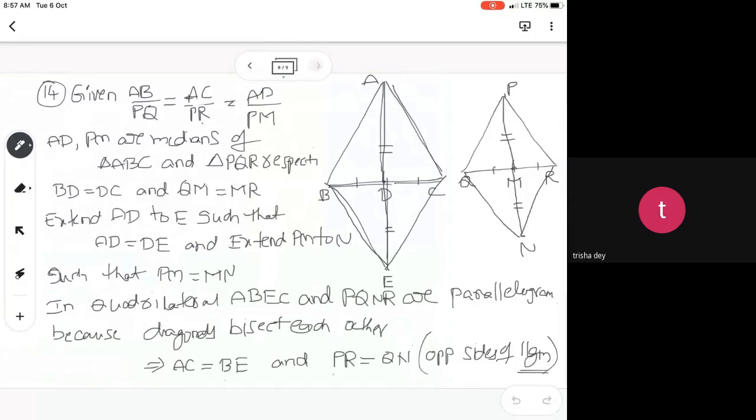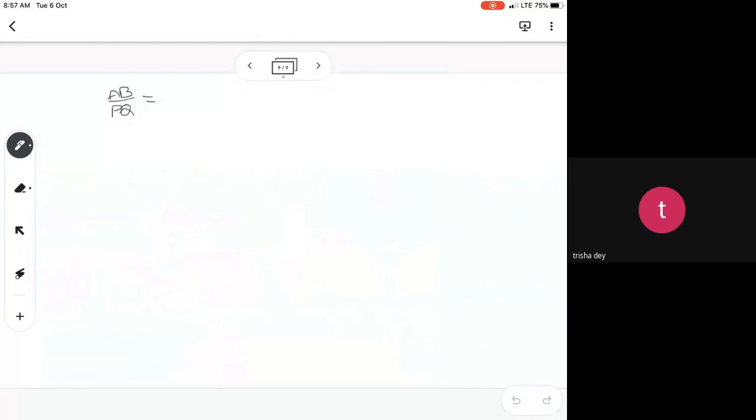So BE by QN you are going to get, which is equal to 2 times AD by 2 PM. I am multiplying by 2, 2 AD by 2 PM. So from this you can say AB by PQ is equal to BE by QN is equal to 2 times AD, which can be written as AE, and 2 times PM can be written as PN.